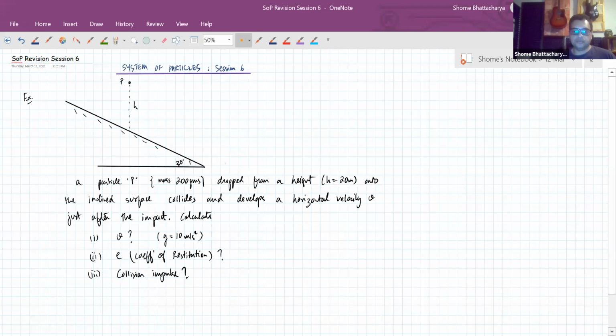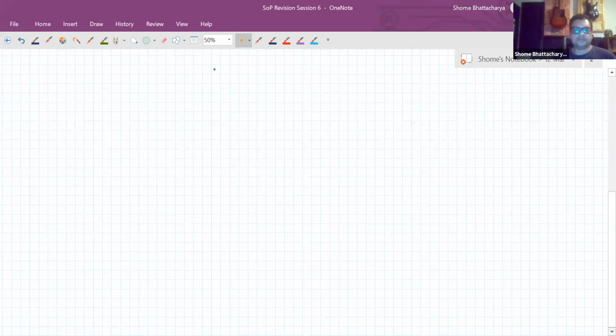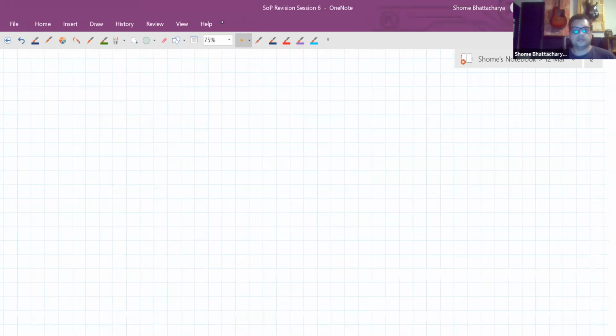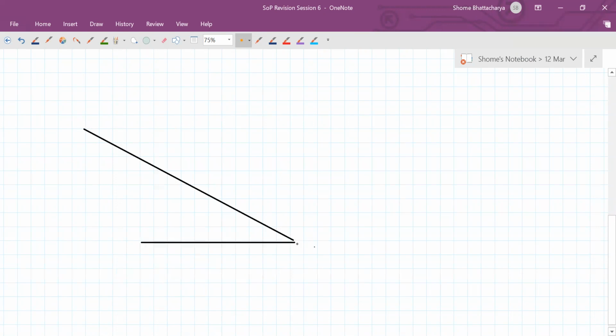All right, so let's go through this then. What's happening here is that first of all, the particle falls freely under gravity through a height of h starting from rest.